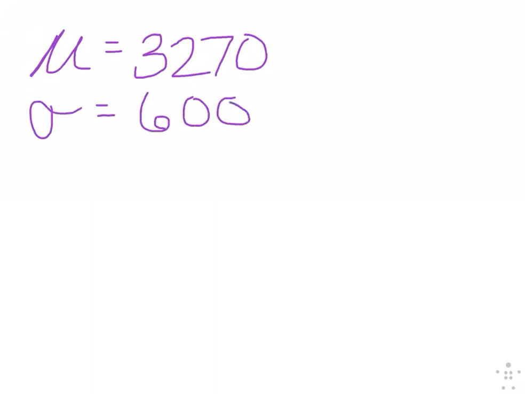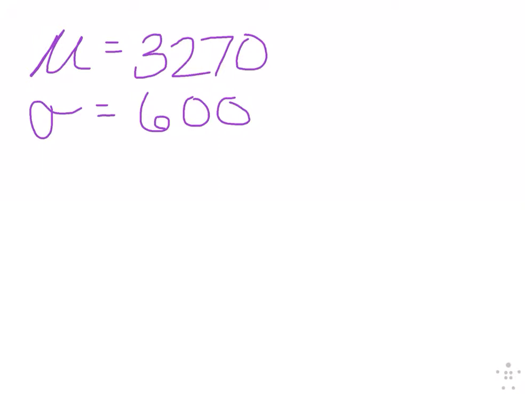So it's giving you those 2 pieces. It says an infant is randomly chosen. What's the probability that the infant weighs 4,170 grams or less?